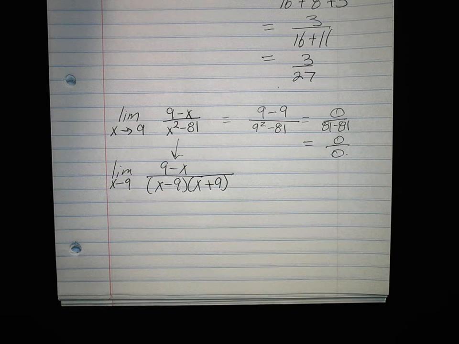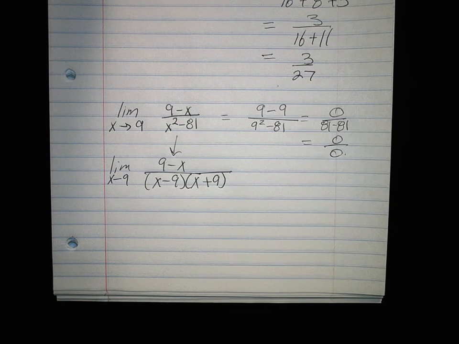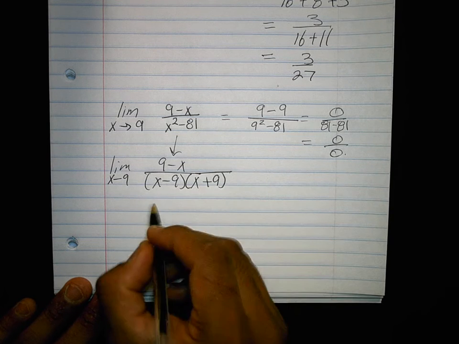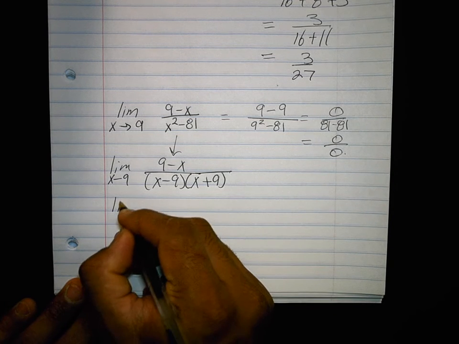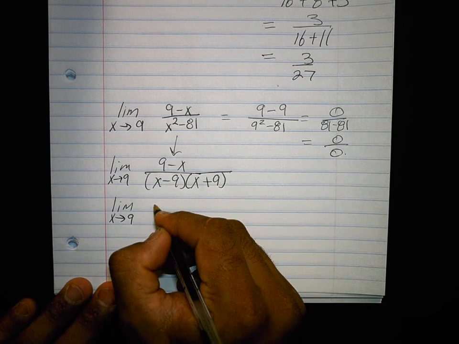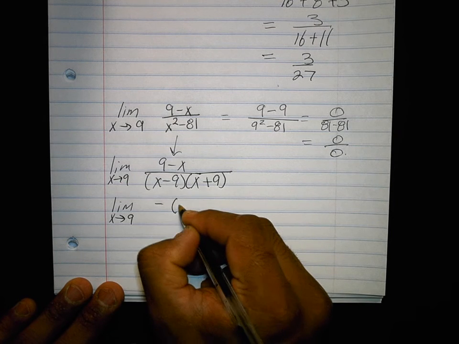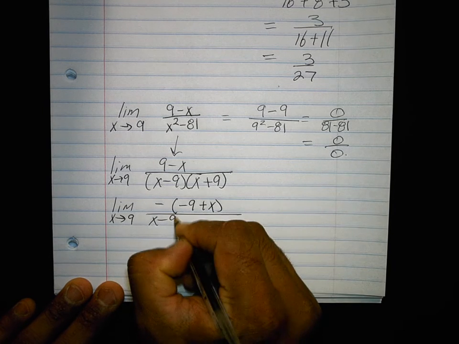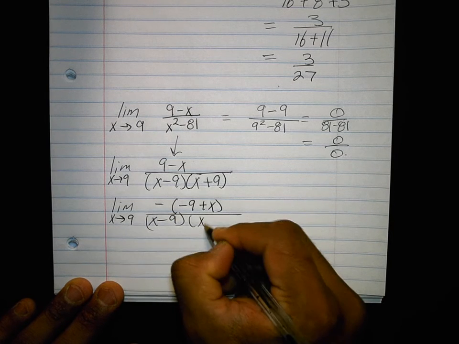Okay, and so I'm looking to reduce something. Hopefully everything crosses out. So these are pretty close. So what I'm going to have to do here is factor a -1 out of the numerator, and it leaves me with -9 plus a positive x all over x minus 9, x plus 9.